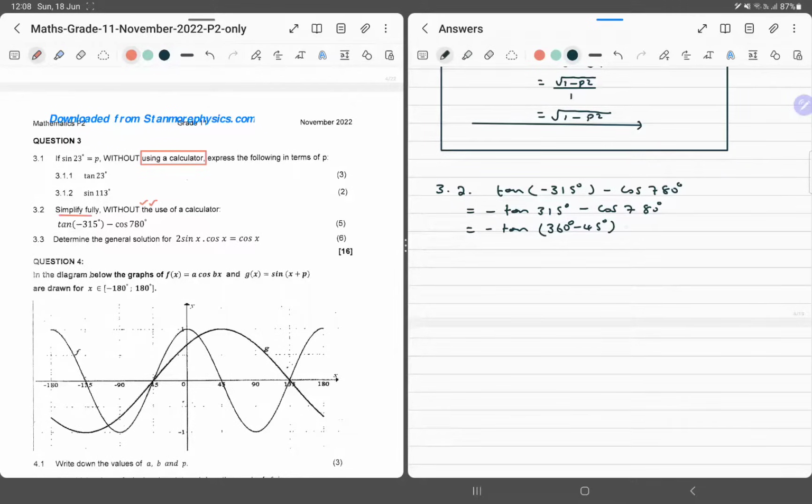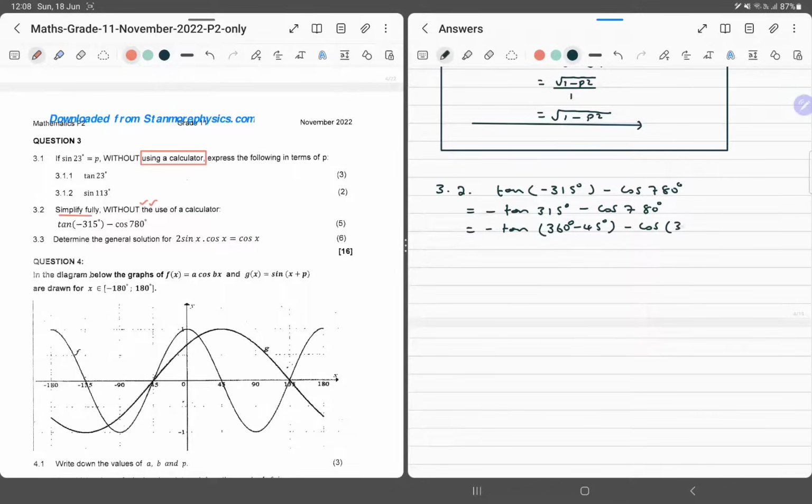So we always show that cos 780 is a bit nasty, right? This is 780 minus 360. So this gives us 420. Okay, so this is fine.